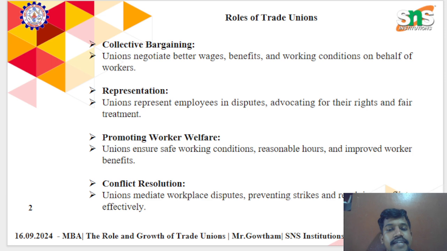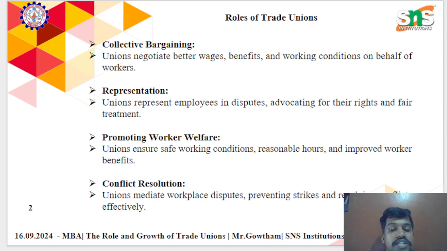The next slide asks: what is the role of trade unions? The first is collective bargaining and representation, promoting worker welfare, and conflict resolution. Collective bargaining means securing better wages, benefits, and working conditions in the workplace.